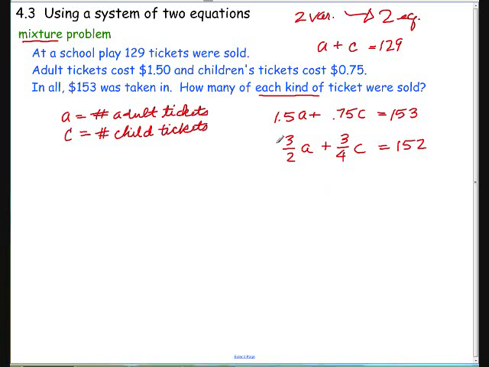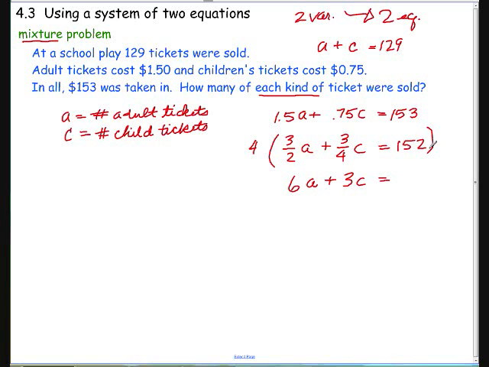What would I need to multiply everything by in order to clear the fractions? That's right, multiply everything by 4. And when I do so, I'll have 12 over 2, or 6a. I'll have 12 over 4, or 3c.